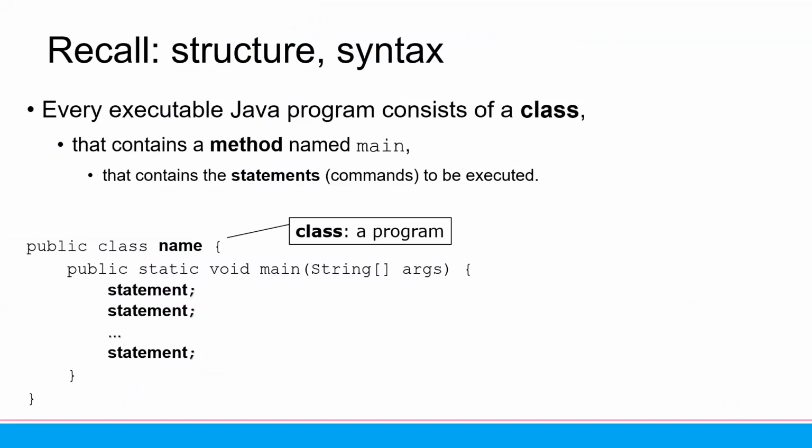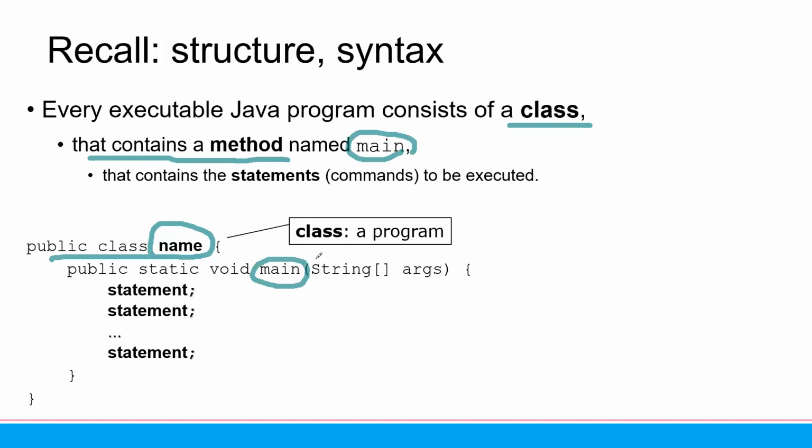Let me just review a little bit about the Java structure. In Java, you need to have a class. So a class means the name of the file, and it is the name of the Java program. And the class contains a method, and the method name is main. You need to have the main method to execute your program.